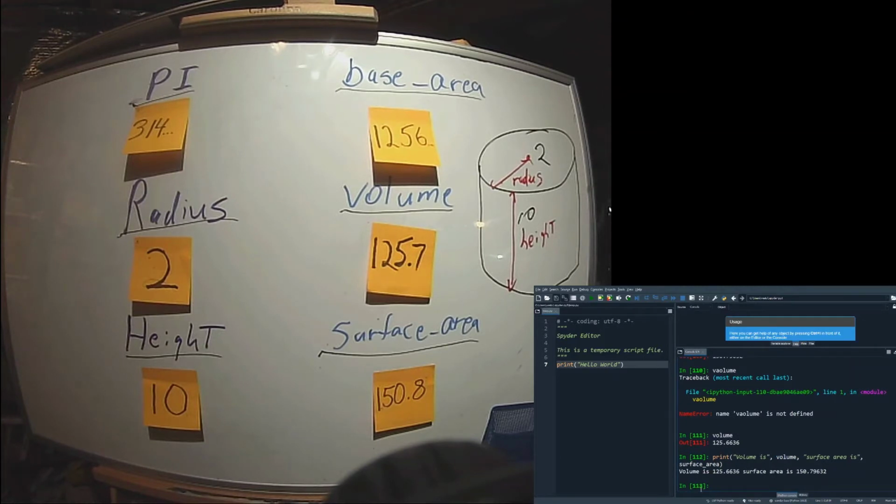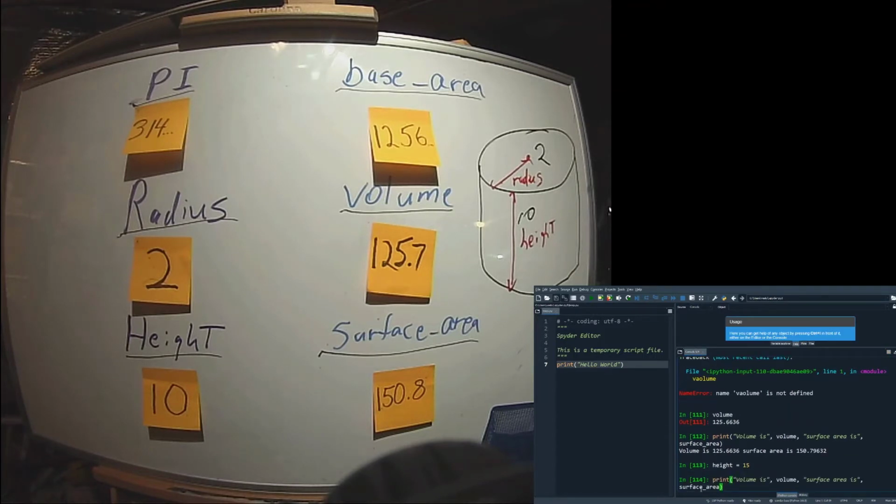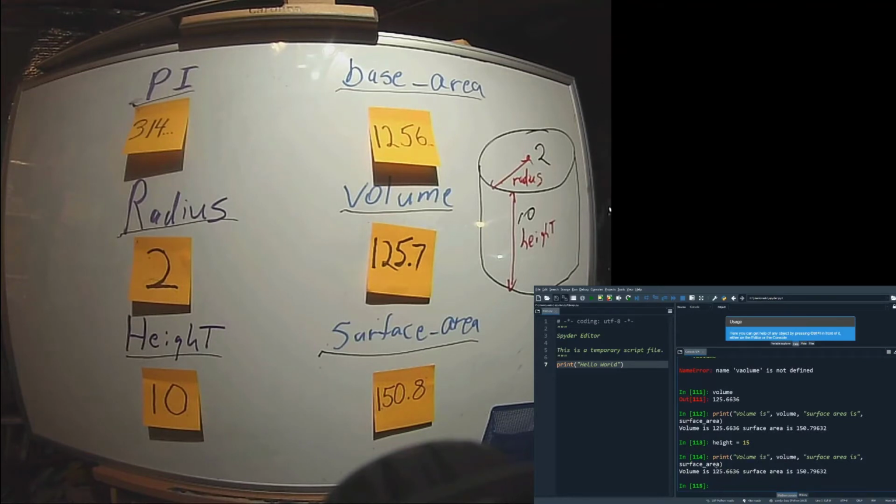Okay, now what happens, right? We've been doing this, and we've done a sequence of calculations. One thing I want to point out is, let's say we change something, like let's say the height of the cylinder is no longer 10, but let's say it's 15. Okay? If we do our print, nothing else changes.